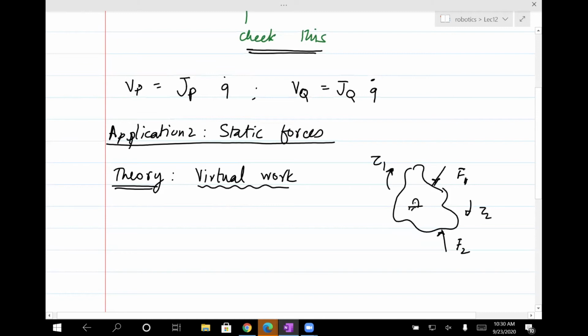So what you do is you assume that the forces F displace the system by a distance dx and dy in the x and y direction. Okay, so these are not real displacements, they are virtual displacements.